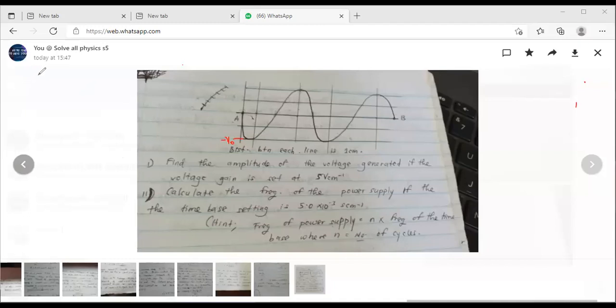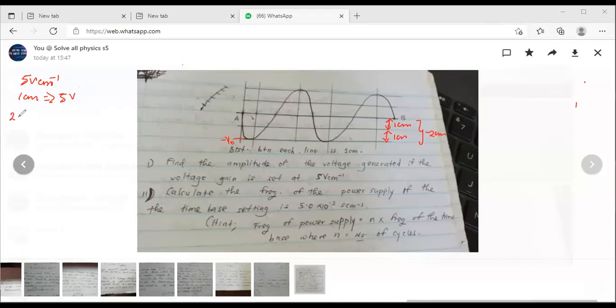Since they told us we had 5 volts per centimeter, it meant 1 centimeter is equivalent to 5 volts. Now, because they said each line was representing 1 centimeter, these are 2 centimeters.